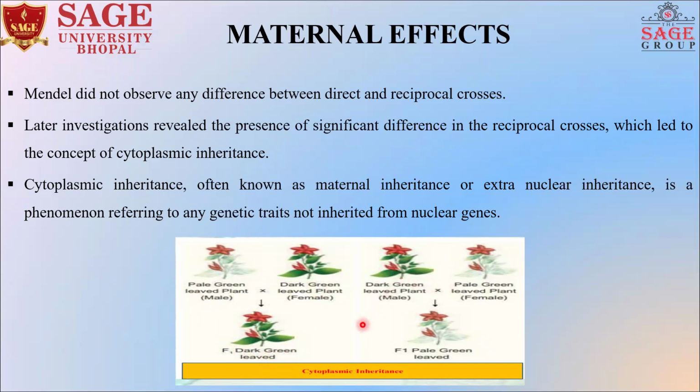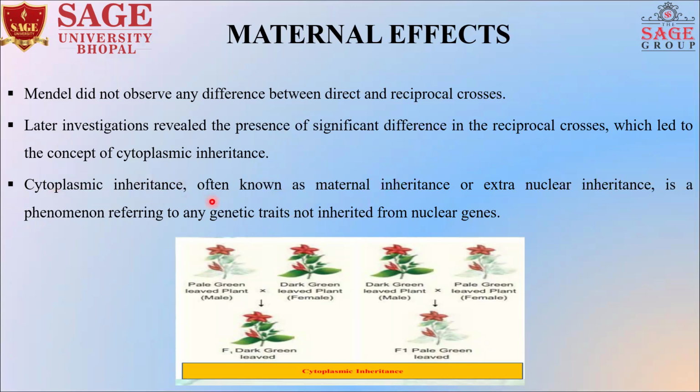Again, if we reverse it, considering the dark green leaf plant as male crossed with pale green, we observe that the F1 is pale green. So here we can observe there may be two effects: one from the nuclear gene and another from the cytoplasmic gene.